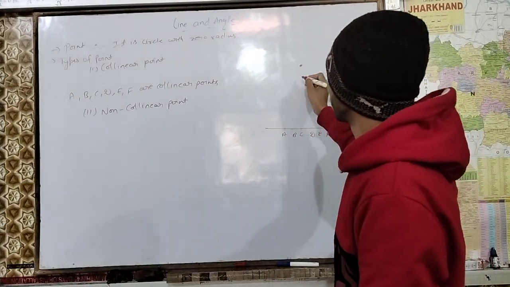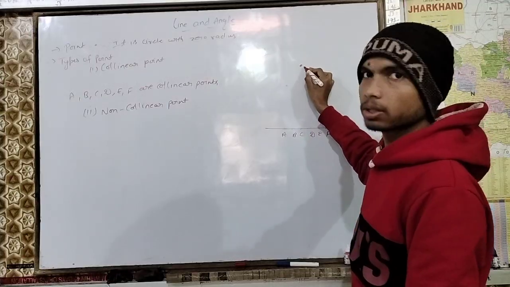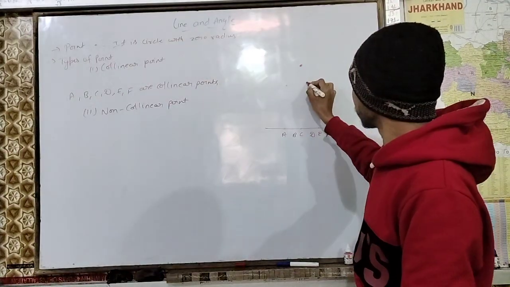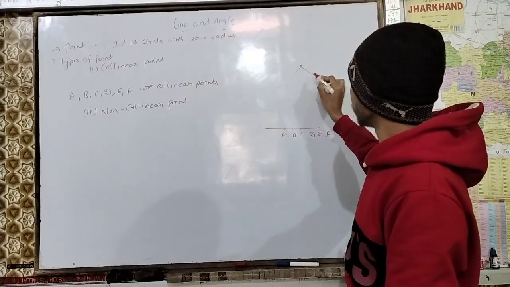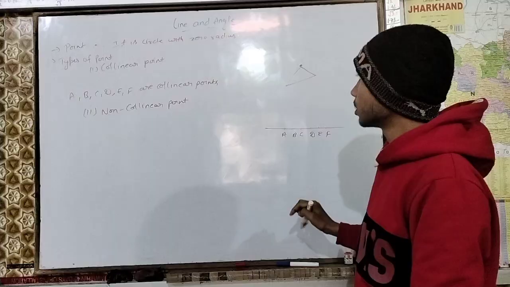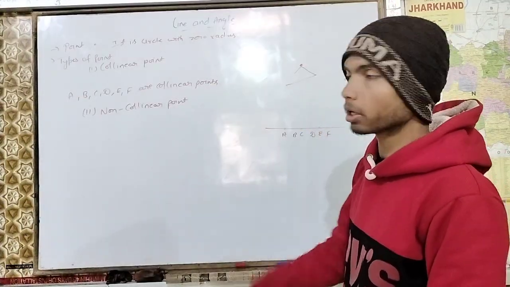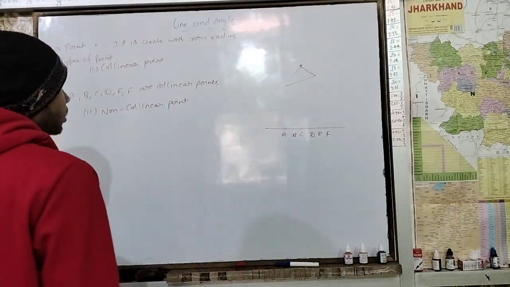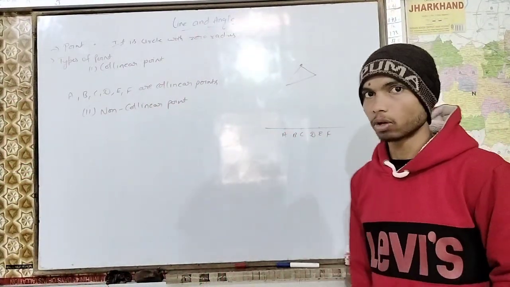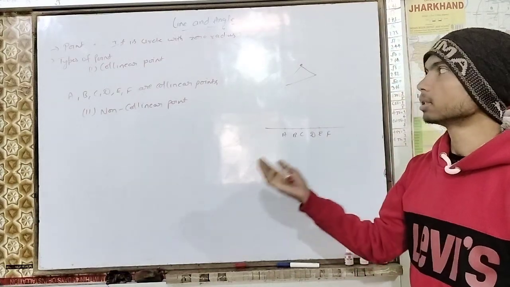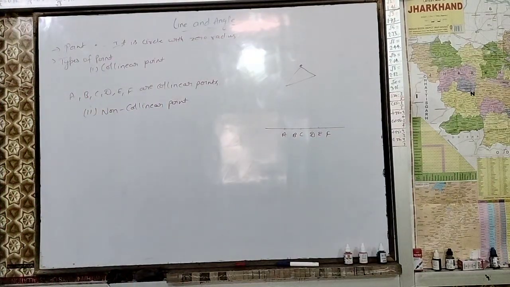One point can be over here, but not along this line. The third point is over here. You can see the figure is like this. This discussion is known as non-collinear points, where points will not be along each other. We saw two types of point.